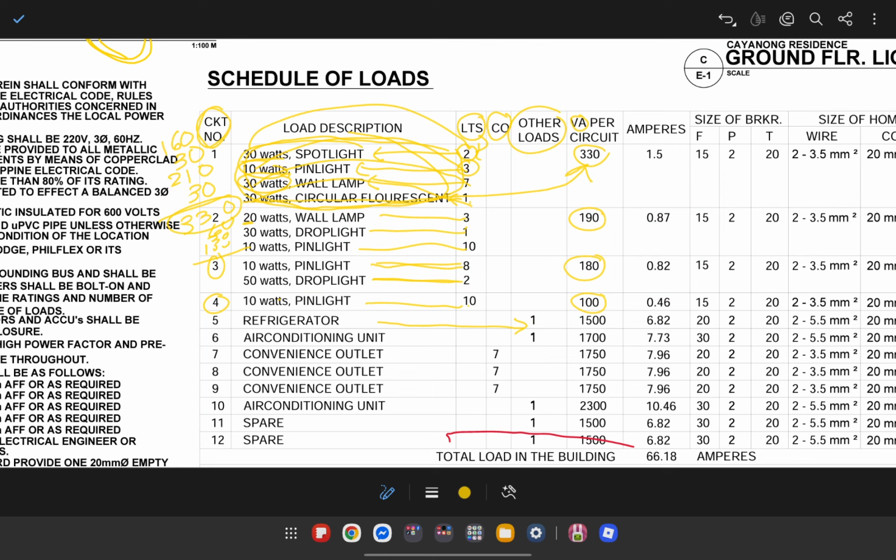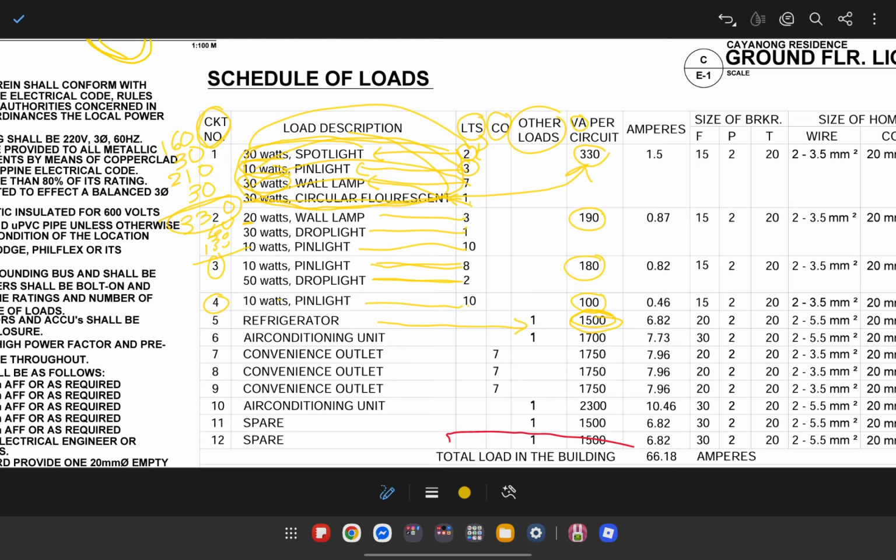And here, the wattage is 1500, but of course this will vary on the size of the refrigerator, how much power it needs to cool the refrigerator down. So this should be provided by the seller of the refrigerator.